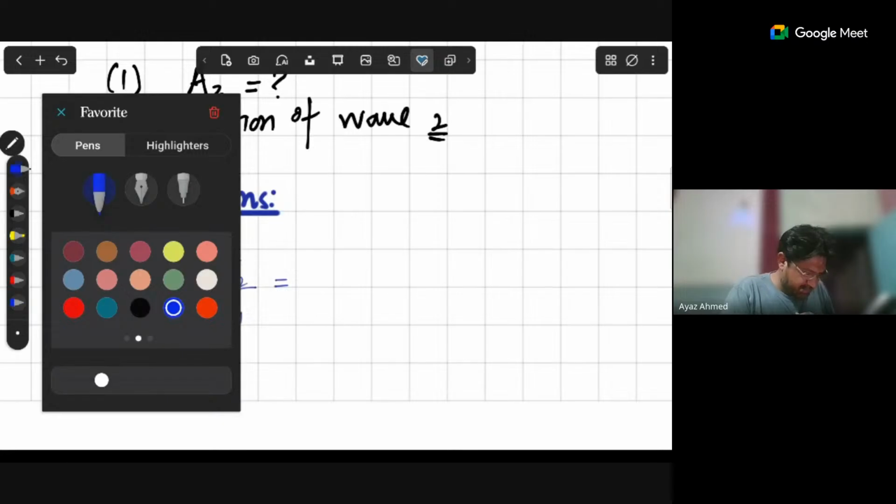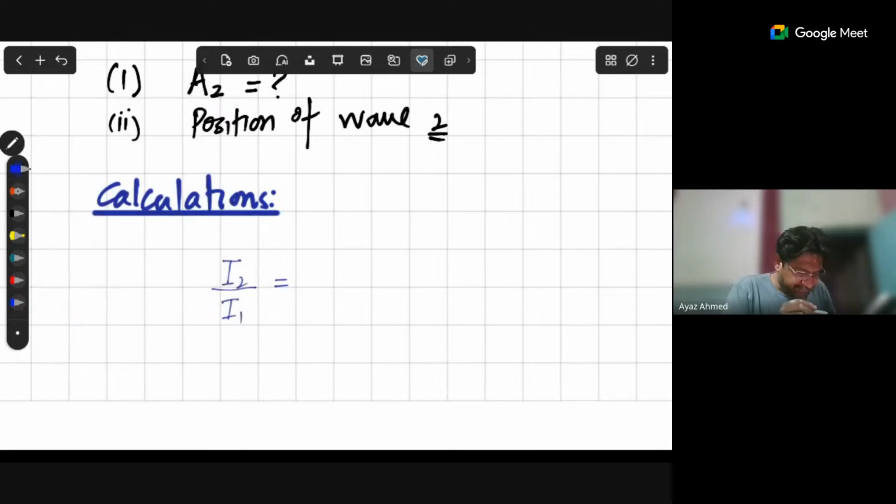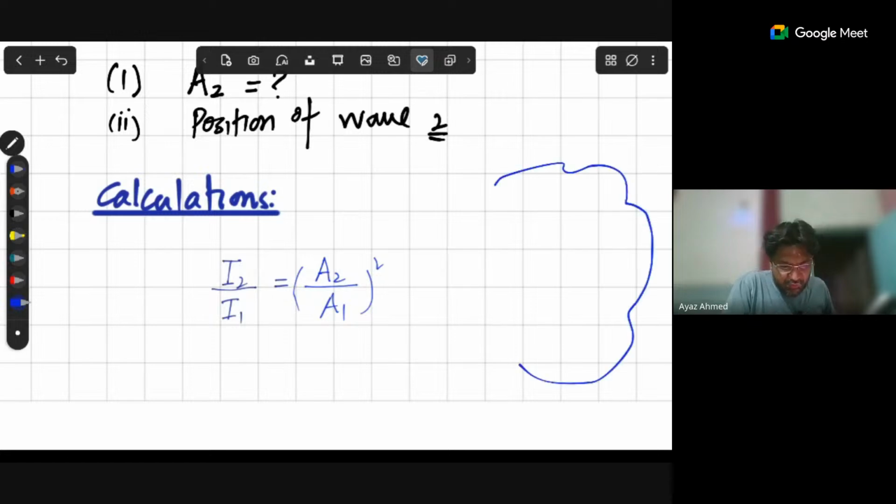Okay, so I2 divided by I1 is equal to (A2 divided by A1) whole square, right? Now the intensity of wave 2 is given by this. So I have to make amplitude 2 the subject.